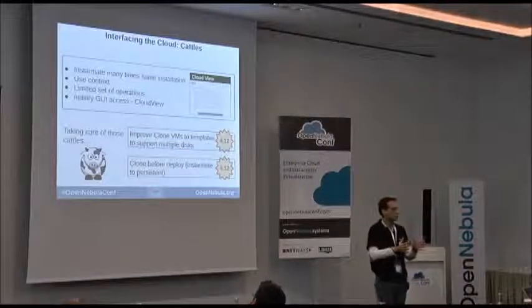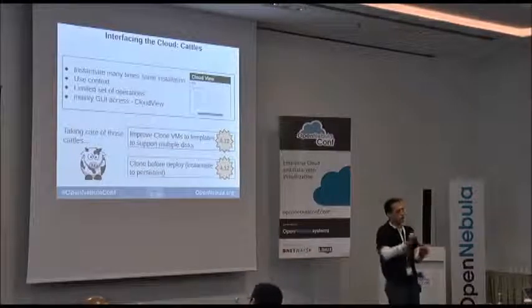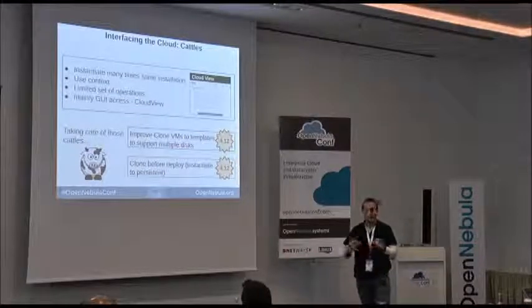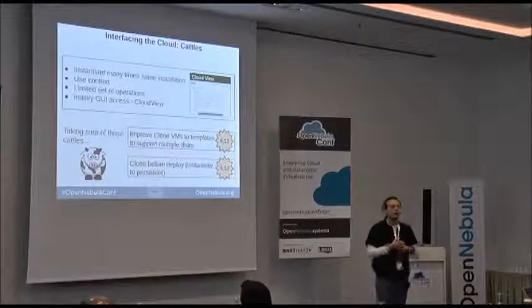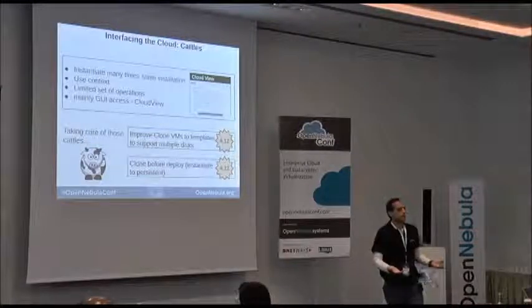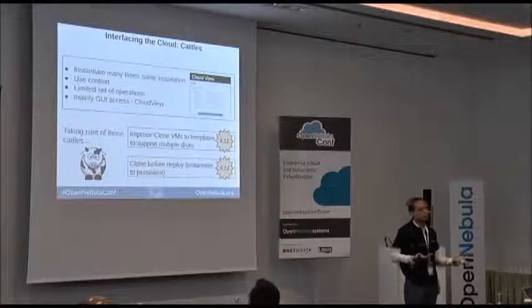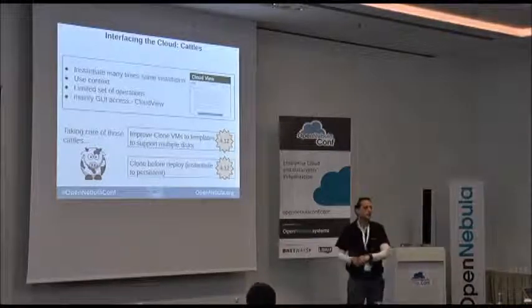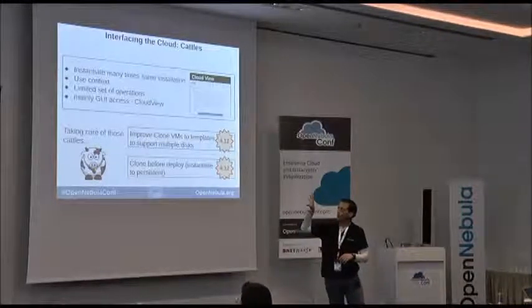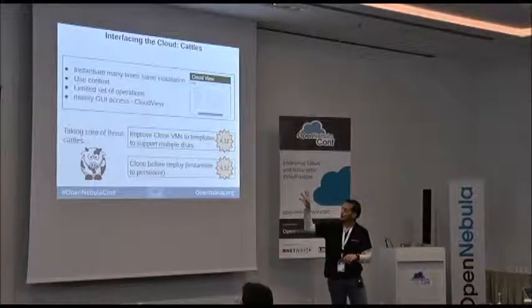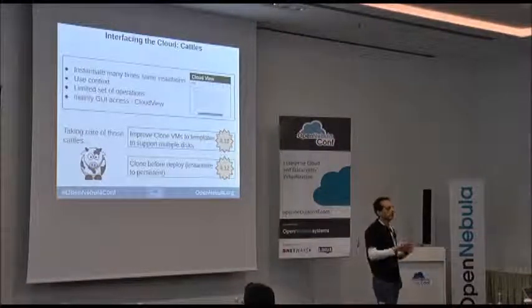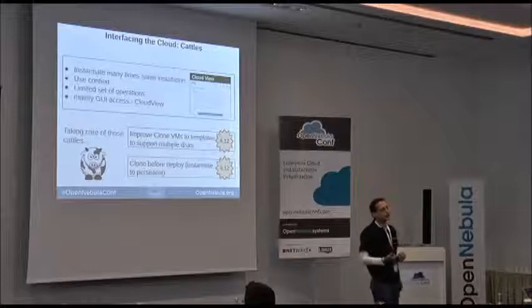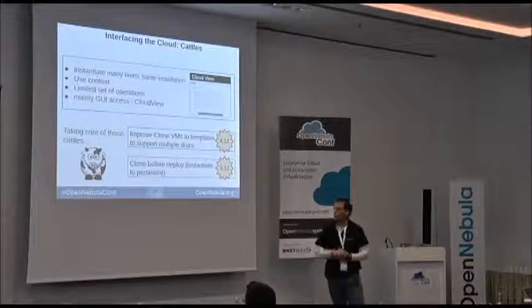So context is a powerful tool to specialize these base installations, right? As I said, for cattle, you don't need a very rich set of operations, right? So we designed a very simple graphical user interface, which is CloudView, for them, right?